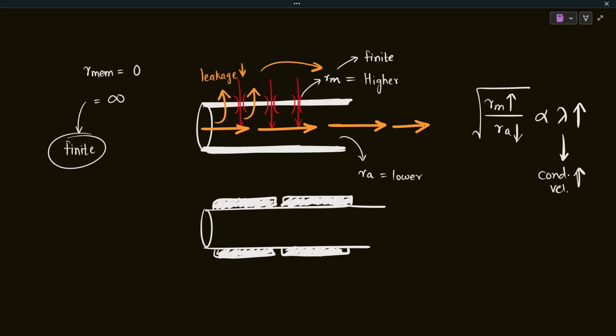So here in these particular segments, the resistance offered by the membrane will be much higher compared to what is being offered in case 1.